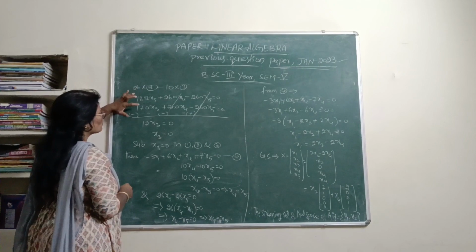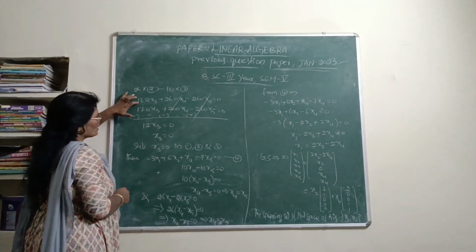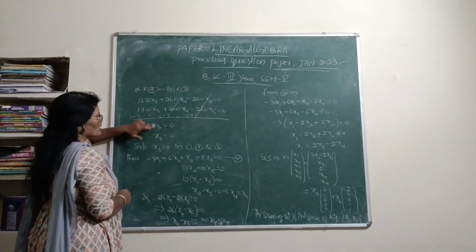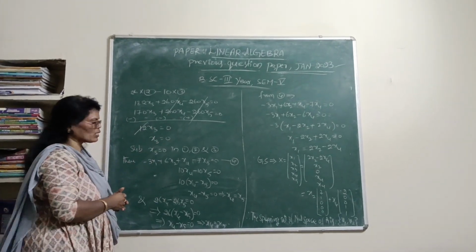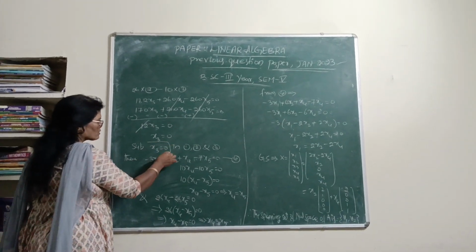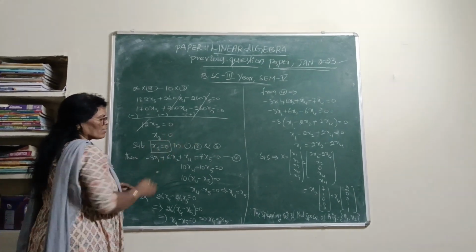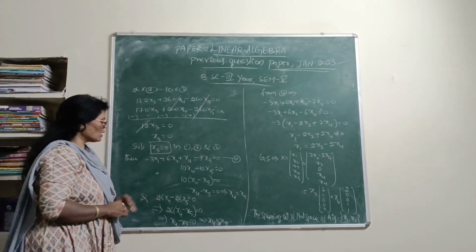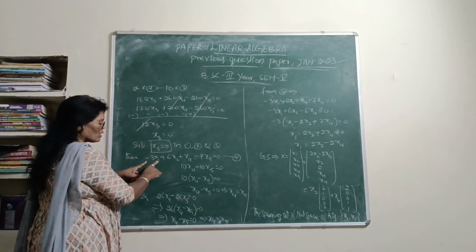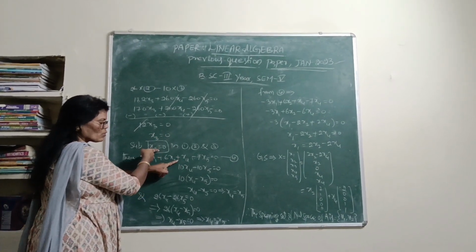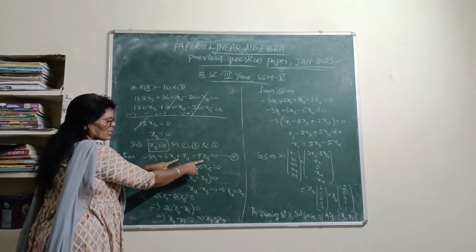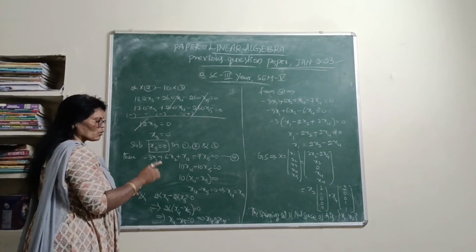The remaining term is 182 minus 170, which is 12, so 12x3 is equal to 0. That means x3 is equal to 0. Substituting x3 equal to 0 in the equations, from equation 1 we get -3x1 plus 6x2 minus 7x5 equal to 0.